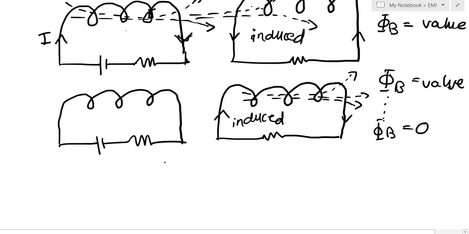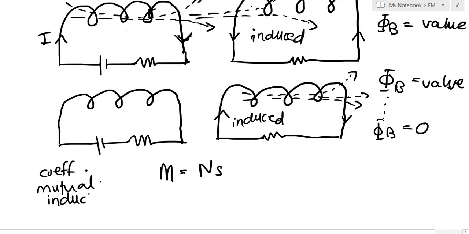And now we can find, say, the strength of the second coil with respect to the first. That's called the coefficient of mutual induction. Now the unit remains the same. Unit is Henry again.